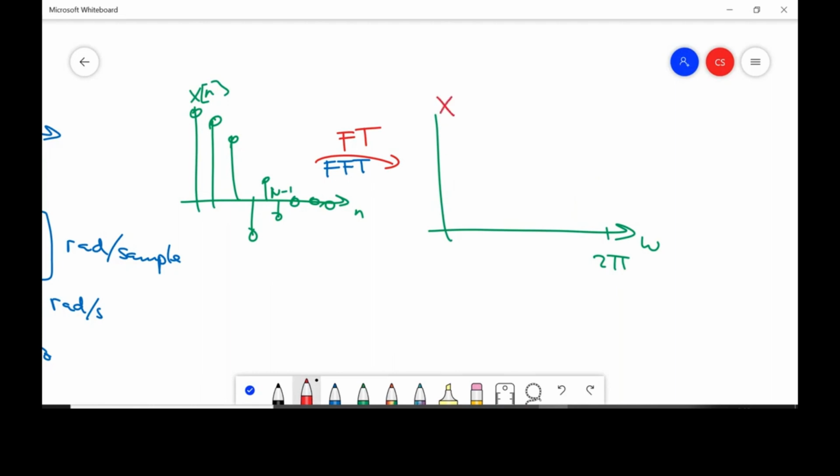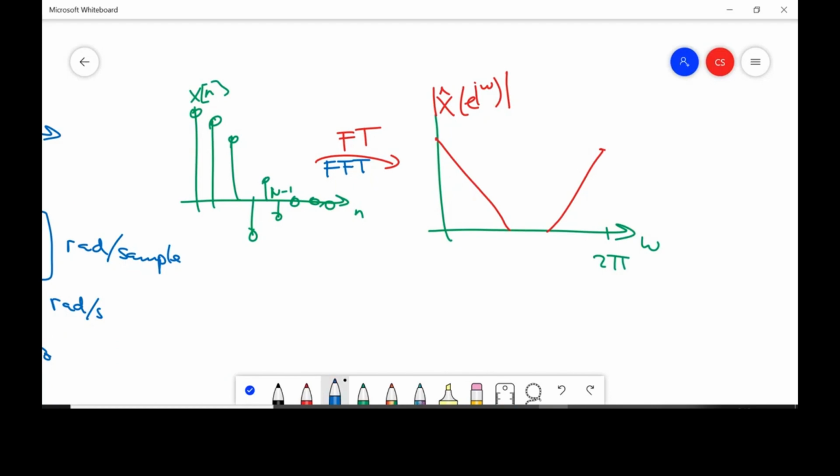So the Fourier transform is this one. It is continuous. What about the fast Fourier transform?